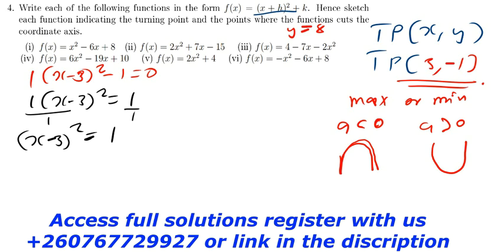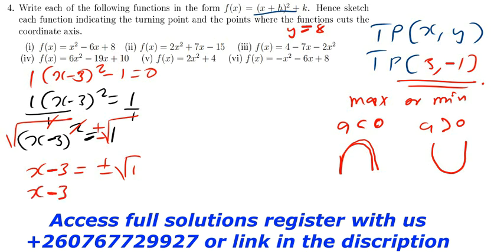At this point, I'm going to take the square root here, and even here the square root. Once I do that, put plus or minus here. Then the 2 and the square root will cancel. I have x minus 3 is equal to plus or minus the square root of 1, which is 1. Then x is equal to 3 plus or minus 1.